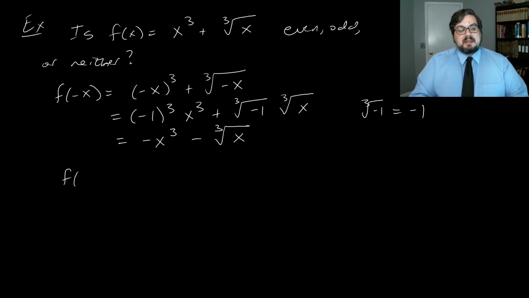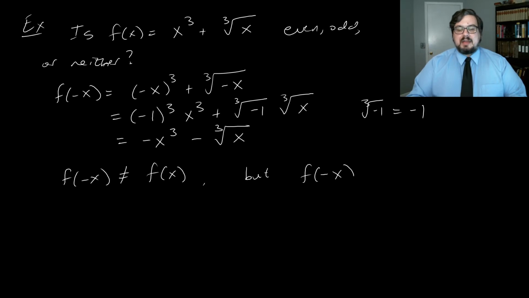So we see that f of negative x does not equal f of x. It's got the x cubed and the cube root of x terms, but they've got negatives in front of them rather than positives. But we have that f of negative x equals negative f of x. Notice that f of negative x is exactly the original function, but with everything multiplied by negative 1.